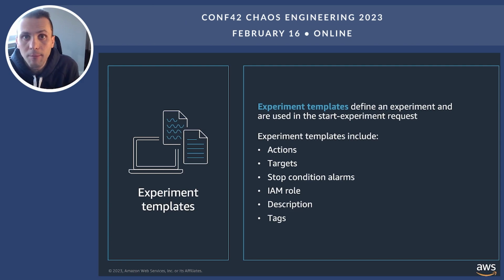An experiment template includes an action, which we talked about, a target, then you have some optional information like stop condition alarms, which we highly recommend you always have. So if something goes south that you're not expecting, you can automatically stop the experiment. You also have an IAM role, which will be associated with executing those experiments, a description, and some tags.